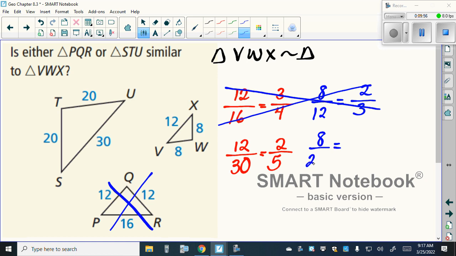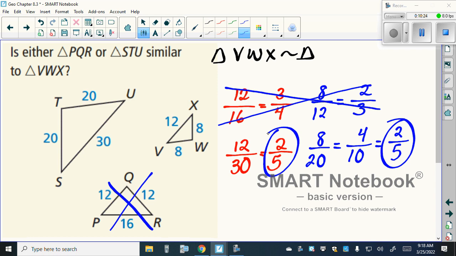Now 20 and 8 have a common factor of 4. So 2, yes. 2 is right, but actually, we have a second one. Let's do 2. Because if I take a 2 out of 8, I have 4. If I take a 2 out of 20, I have 10. Another common factor of 2, which gives us 2 fifths.